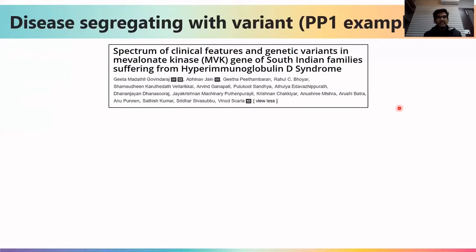So let's go through some real-world examples. As I've already told you, there's one gene, MVK, that is responsible for hyper IgD syndrome.